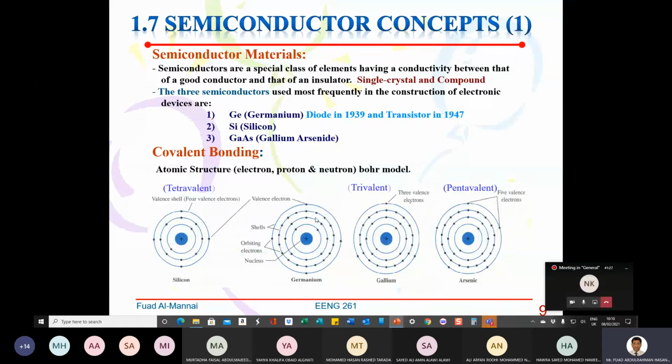Here it requires less energy because it's farther from the nucleus. Everybody get that? We took this in physics or chemistry in high school.